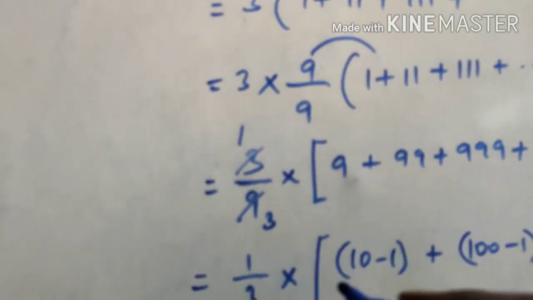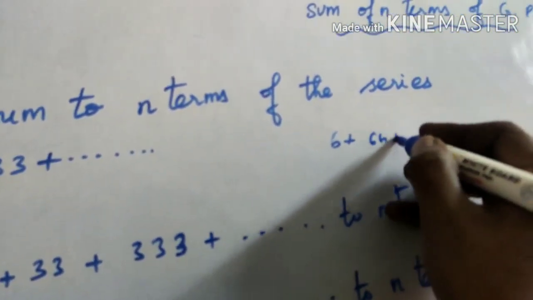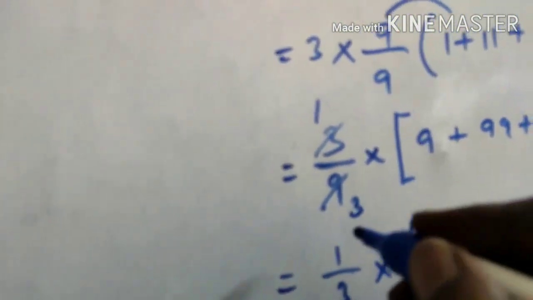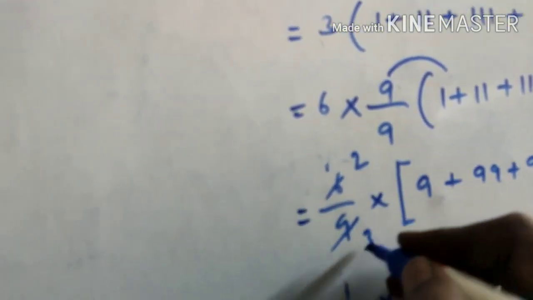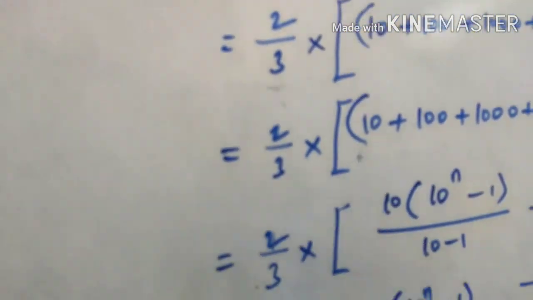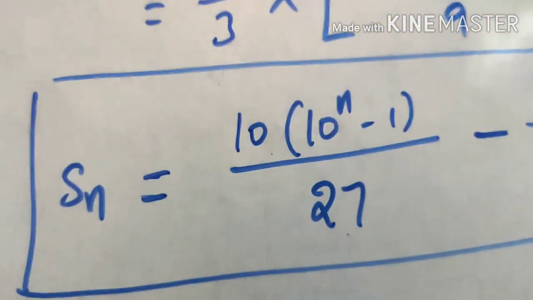Here if the question is like this, 6 plus 66 plus 666 plus dot dot dot, here you get 6 by 9. If you cancel, 2 by 3. So the entire thing will be 2 by 3 throughout. And the final answer will be what?